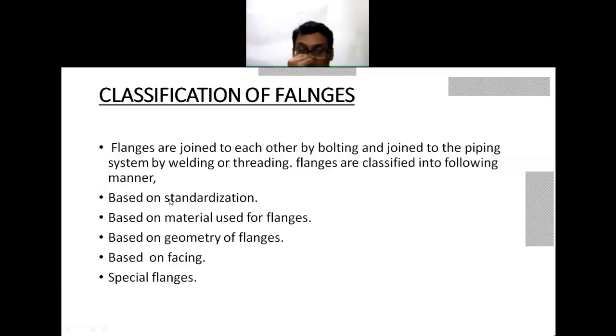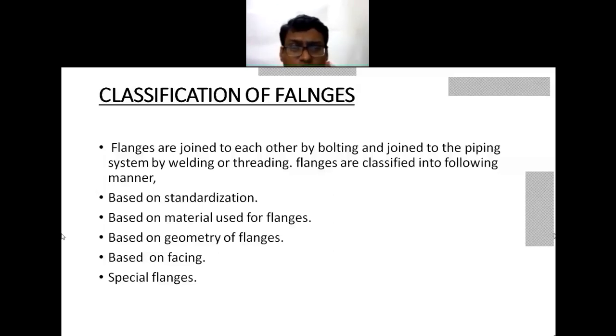Then based on the material used for the flanges, material of construction, then based on the geometry, different shapes for the flanges, because you require different types of shape, not necessarily always a circular shape, but that depends on your end use. In case of a carburetor, that is rectangular with a certain division or bifurcation provided, the carburetor of your two wheelers, so that will be there.